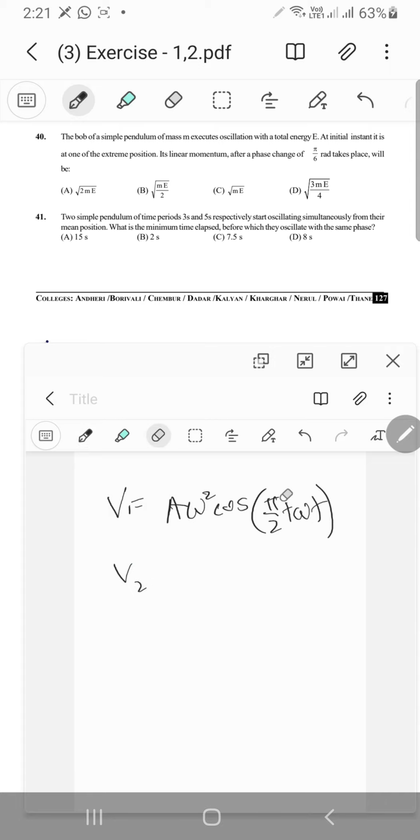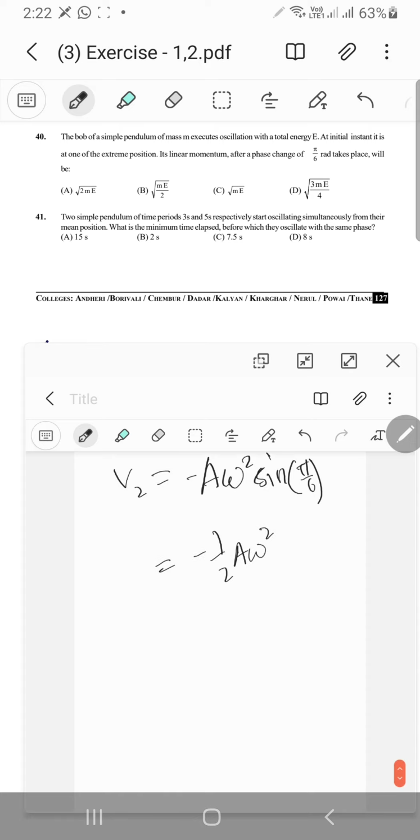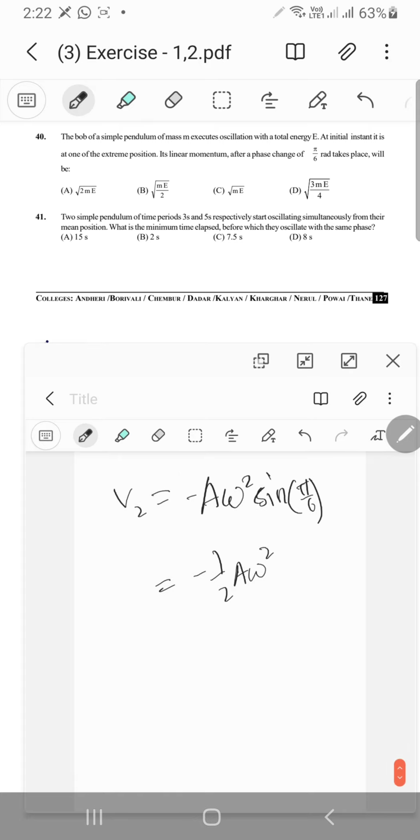Actually, v1 will be when you've got cosine of pi by 2, so v1 is just 0. v2 is a omega squared cosine of pi by 2 plus pi by 6, which is minus sine of pi by 6, which is minus 1 by 2 a omega squared. Yep, looks correct. So that's v2.